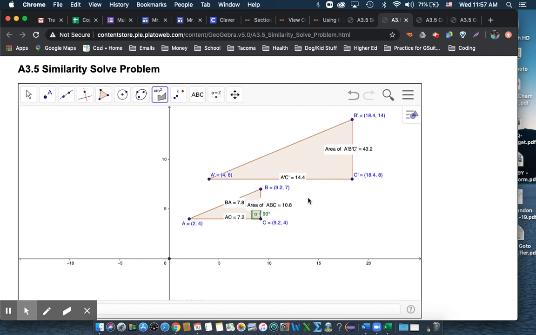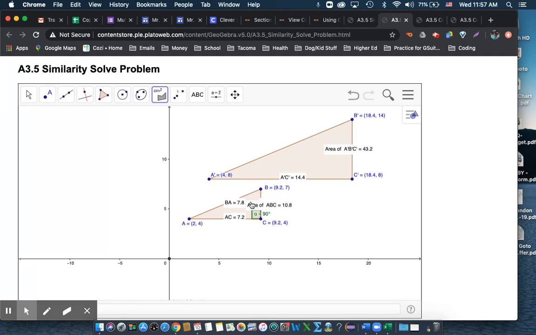So what happened from here to here? Well, that's because when we do area, the difference is the ratio squared. So what I mean by that is if our ratio right here is 2/1, because I'm doubling, the scale factor is 2 or 2/1, I'm doubling the length, that quadruples the area.